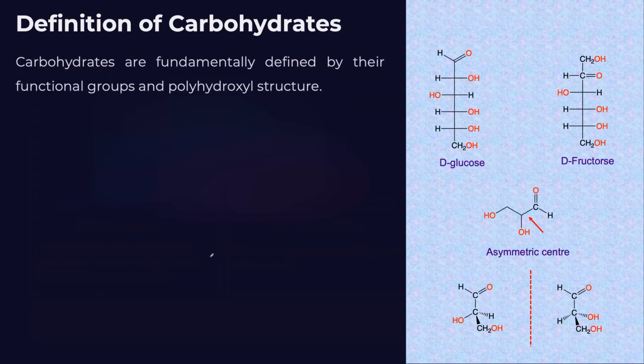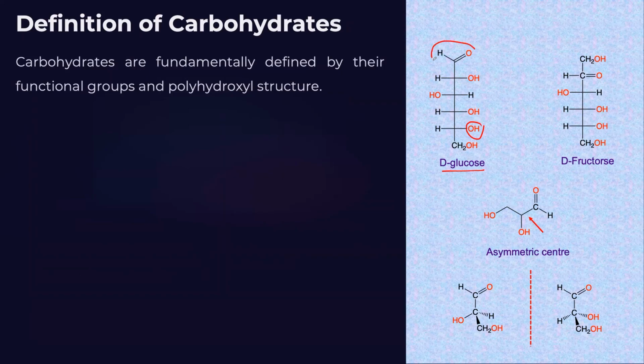Now, what is the modern definition of carbohydrates? The modern definition is based on two things. First, carbohydrates, if I take glucose as an example, have multiple hydroxyl groups, that is, two or more hydroxyl groups. And they have a functional group.